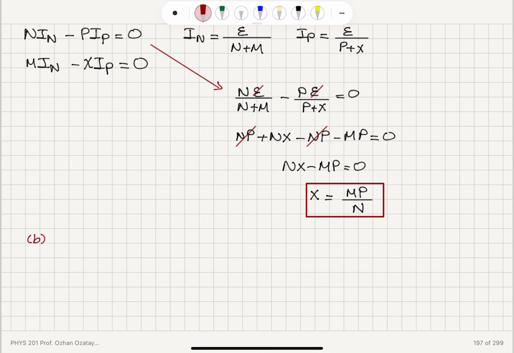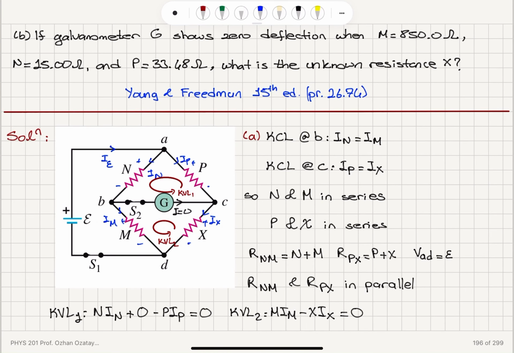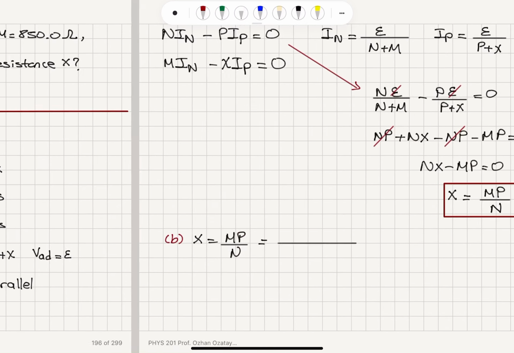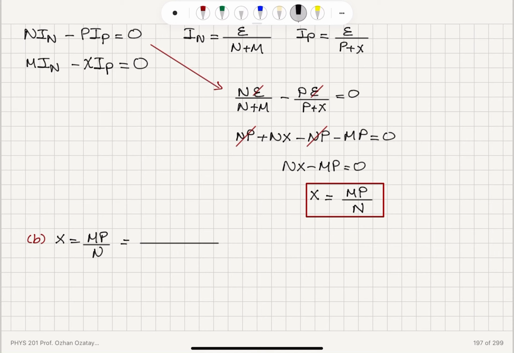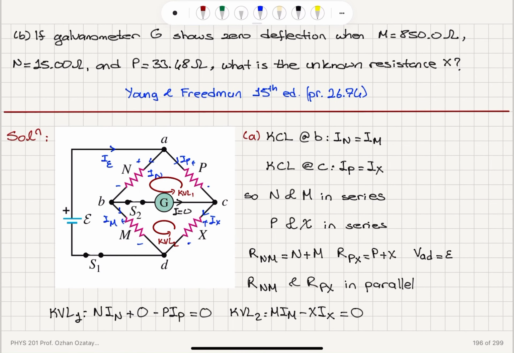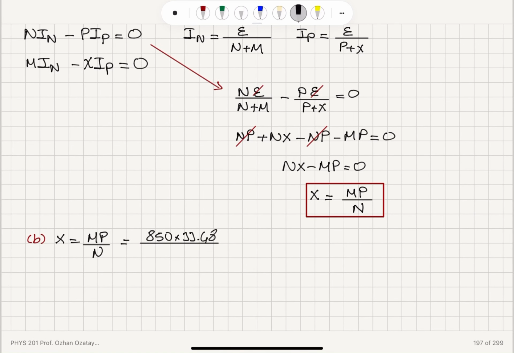In part B, we have the unknown resistance X should be equal to MP over N, and the value given for the resistance M is 850 ohms. P is 33.48 ohms, so it is 850 times 33.48 divided by N. N is given as 15 ohms.